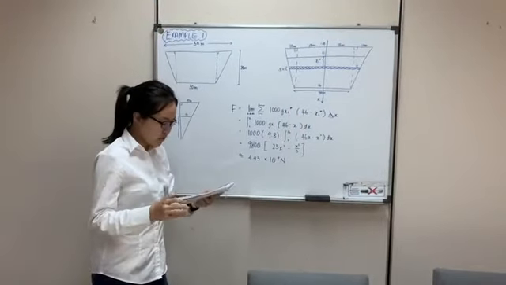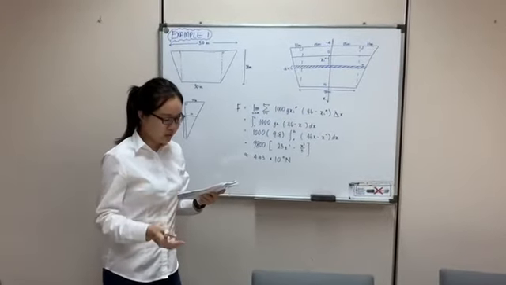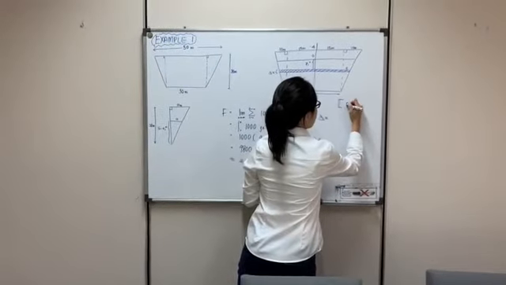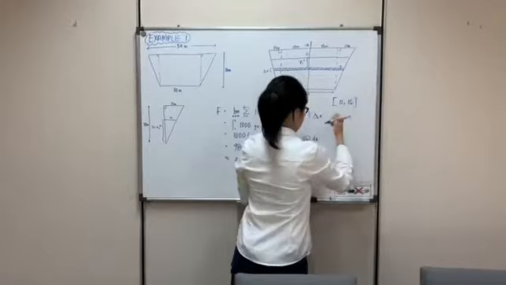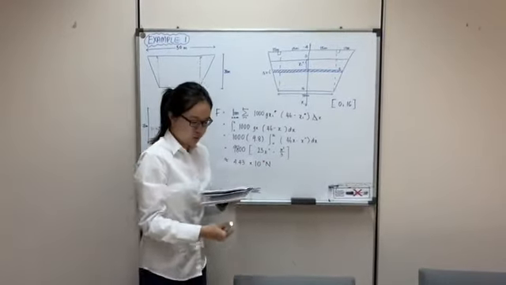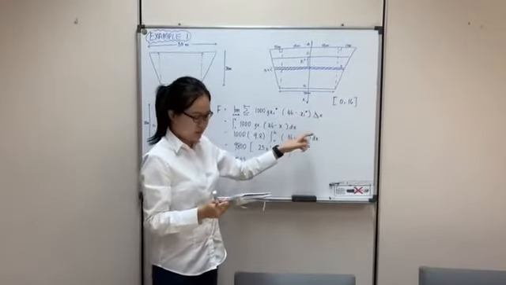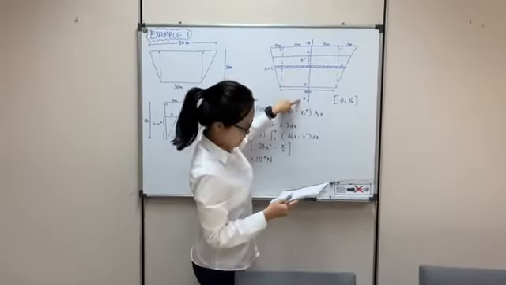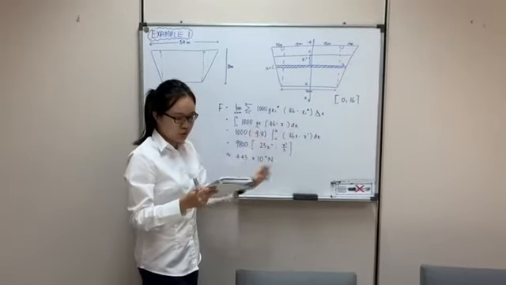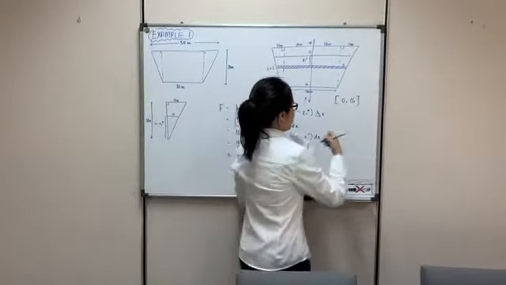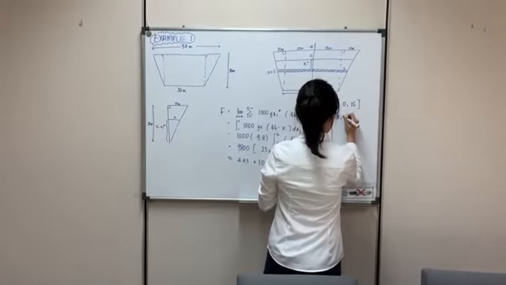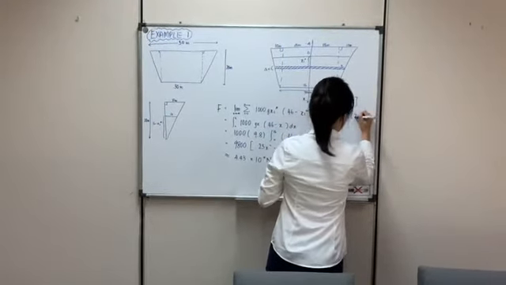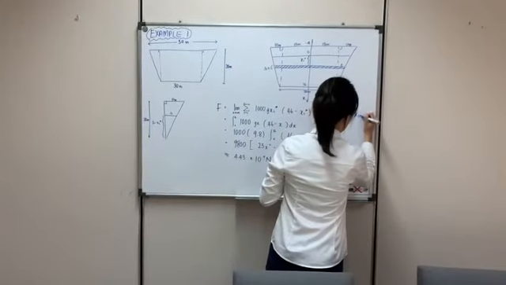So the depth of the water is 60 meters, and so we divide the interval into sub-intervals of equal length with endpoints x. So we choose x plus 1.